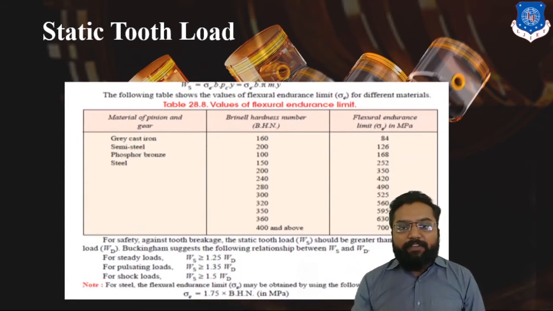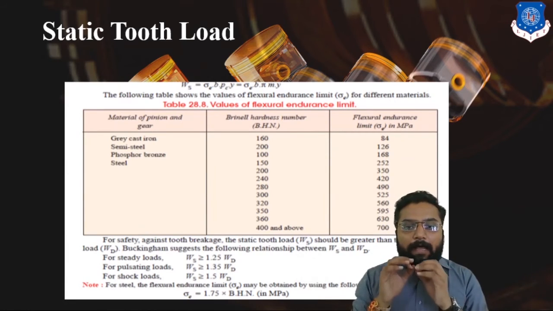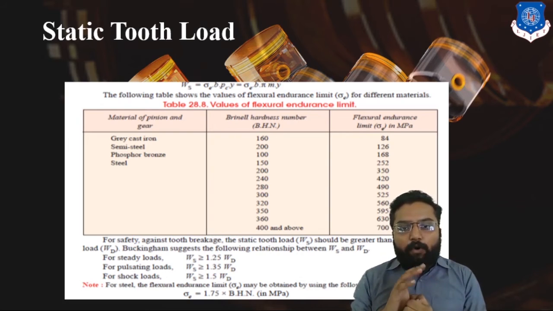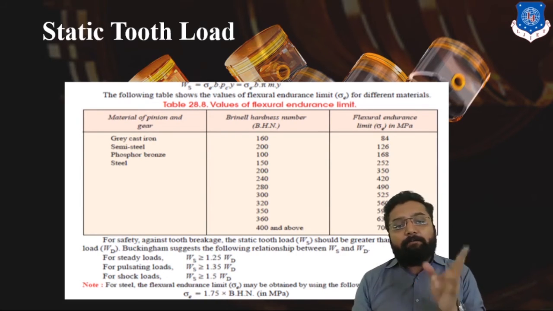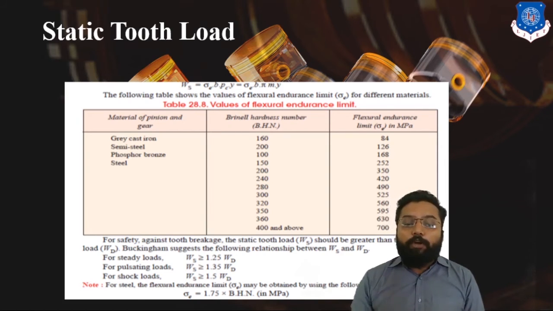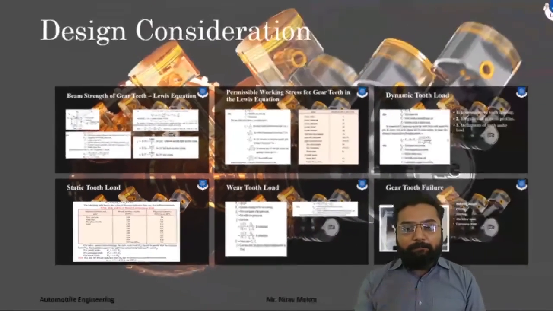Here you can see the equation: static load WS equals sigma E into B into PC into Y, where B is breadth, and PC is the circular pitch, which you can also write as pi into m in terms of module. Module is circular pitch divided by pi, so ultimately PC will be module into pi. Clear? So you can put it like that.